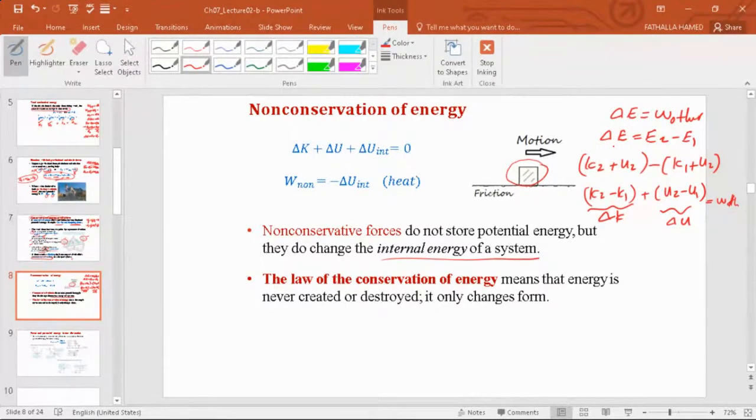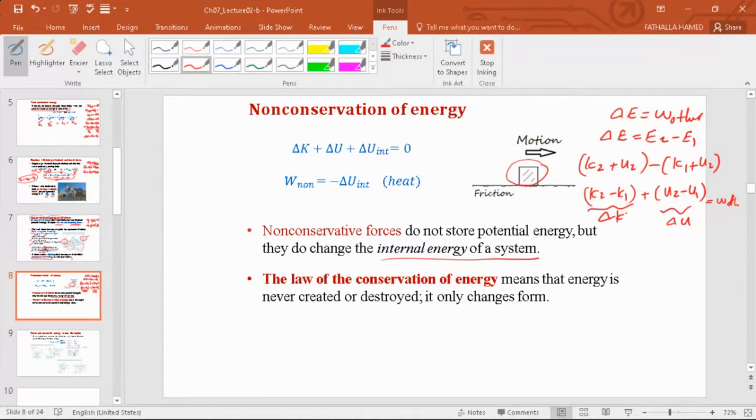If it's equal to 0, that means the energy of the block is conserved. If it's not equal to 0, that means there is friction, and that friction has taken away some energy from the block, and that's why it's reduced. But this energy that has been taken from the block actually goes into this surface. And this is where we say it is the system now. So this energy may go into changing the internal energy of the system.